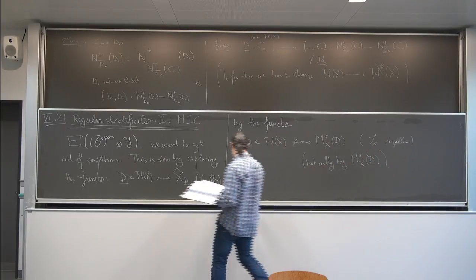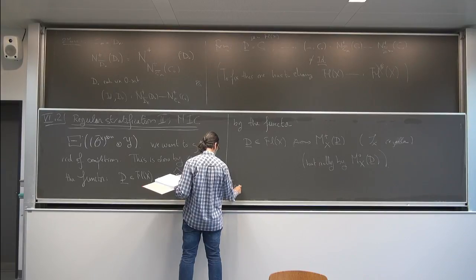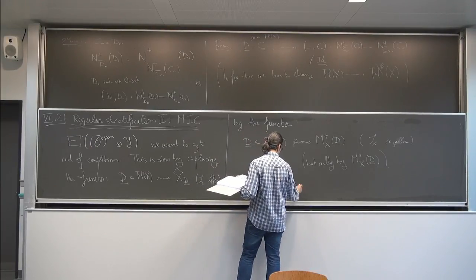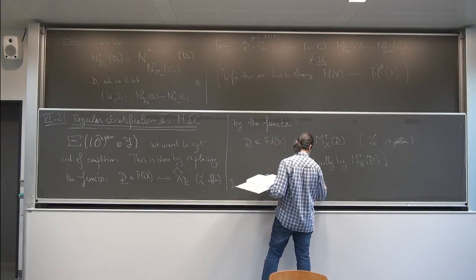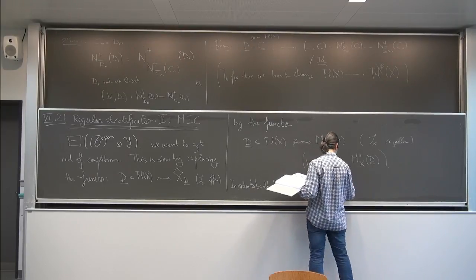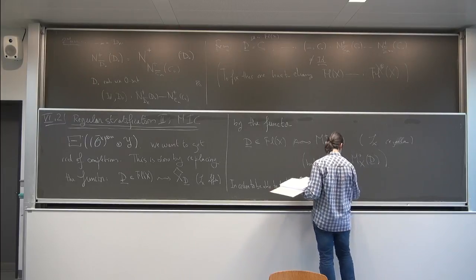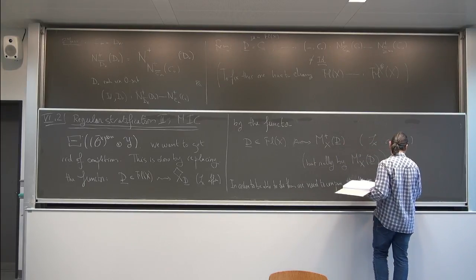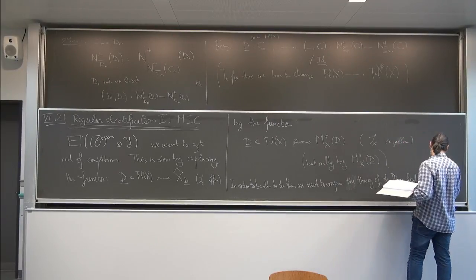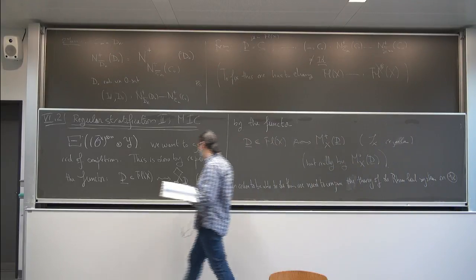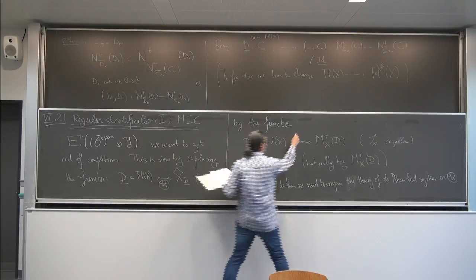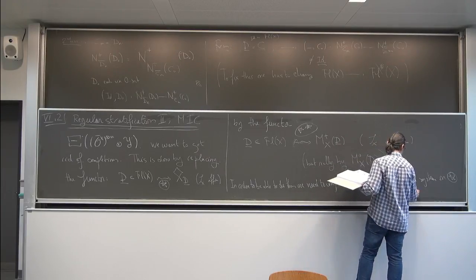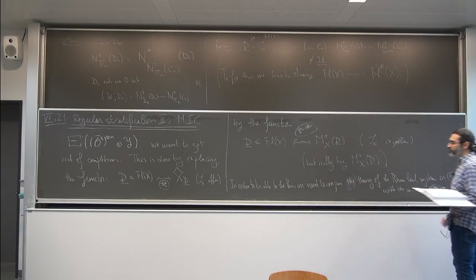In order to be able to do this, we need a way to compare the de Rham cohomology, or to compare the theory of the de Rham local system on star, which is this diagram, and let's call this double star, with the same thing on double star.